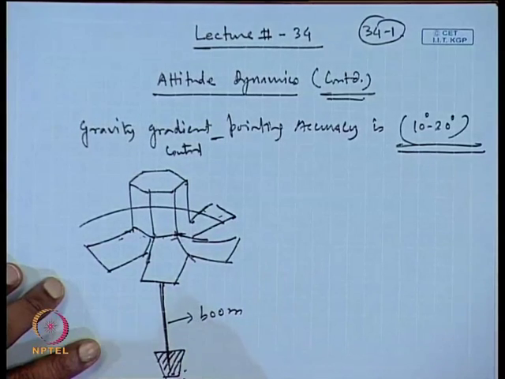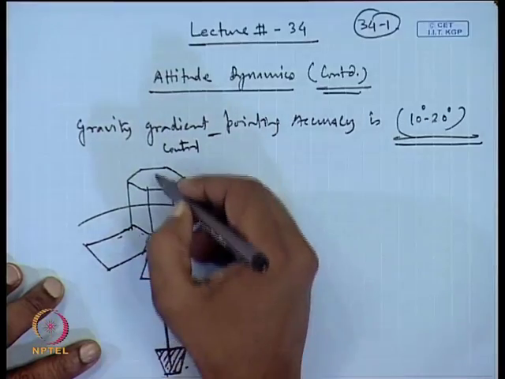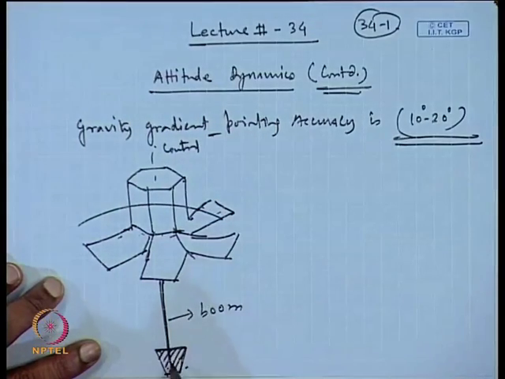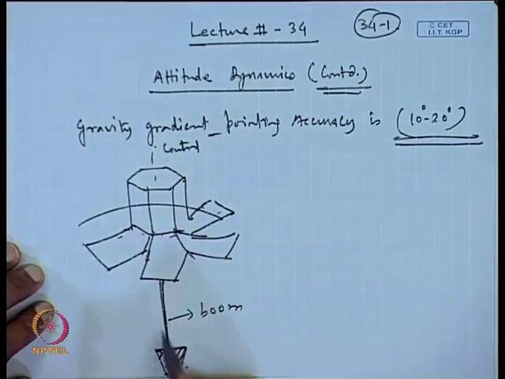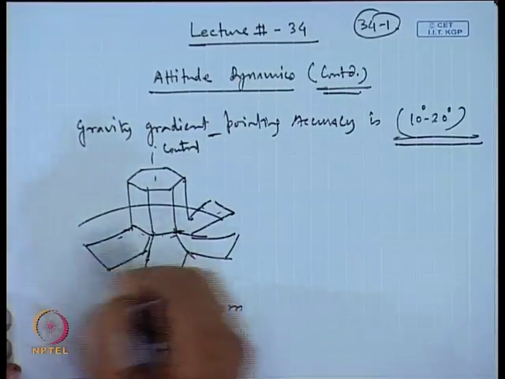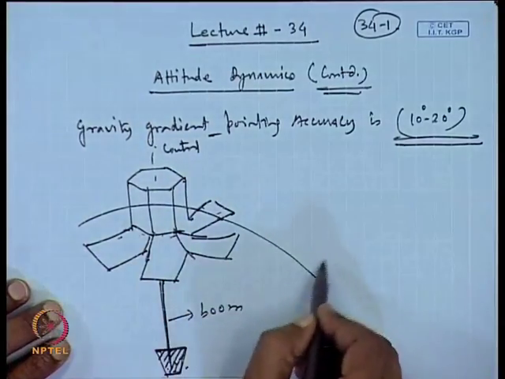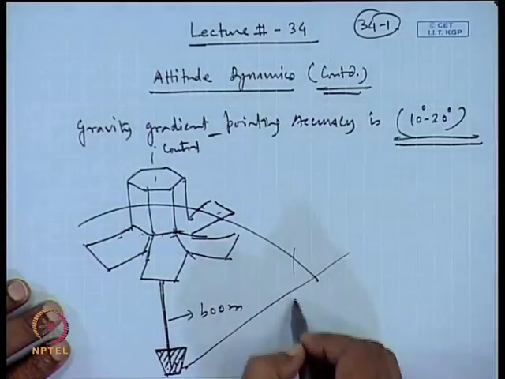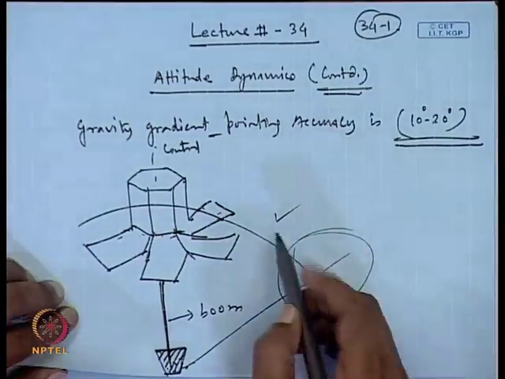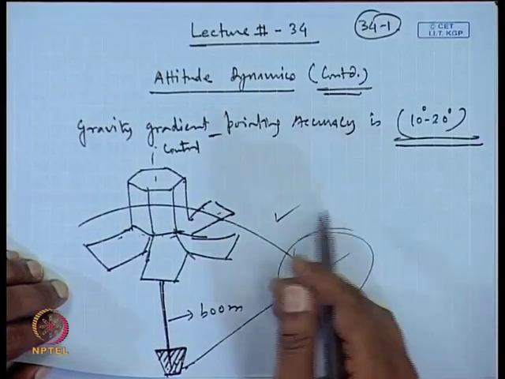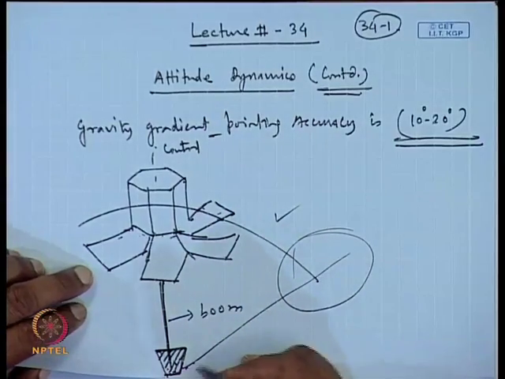Instead of a mass, you can have a certain instrument stored there, if it is heavy. This will provide you the constant gravity gradient, which will assist in stabilizing the satellite, where you are designing it to always point toward the center of the earth. This is called the favorable gravity gradient, because it favors stabilizing the satellite.